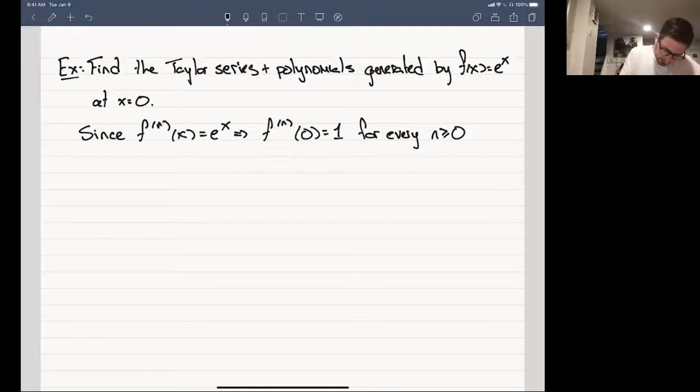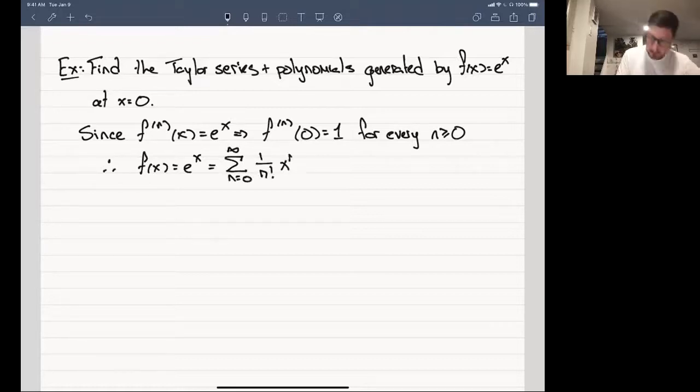So therefore, f of x equal to e to the x is equal to the sum from n equal to 0 to infinity of 1 over n factorial times x to the n. If I write that as a proper fraction like this, it's not really adding anything, but this might jog something in your memory, right?